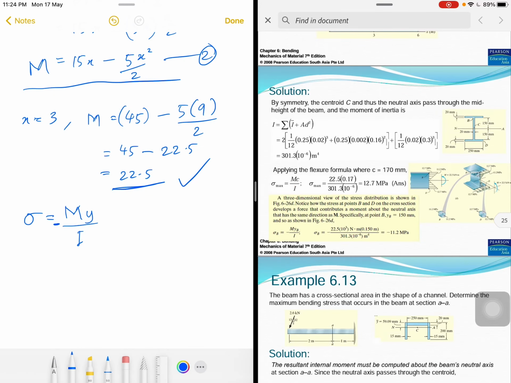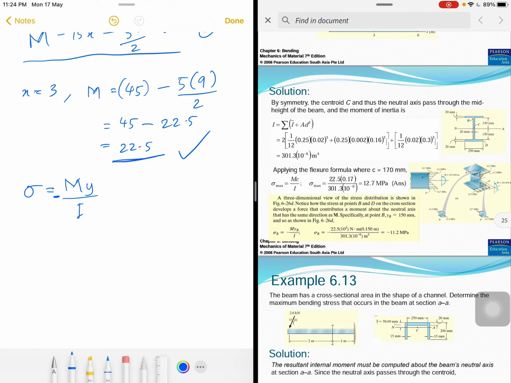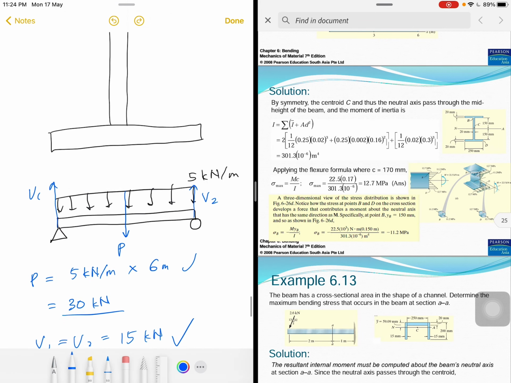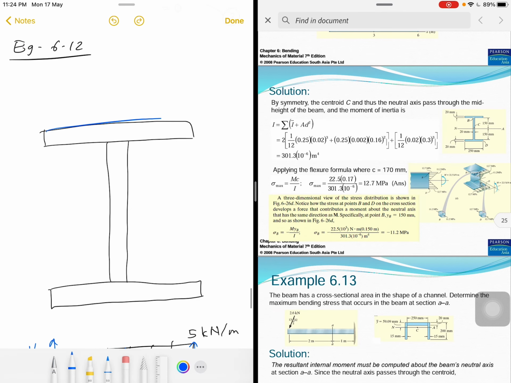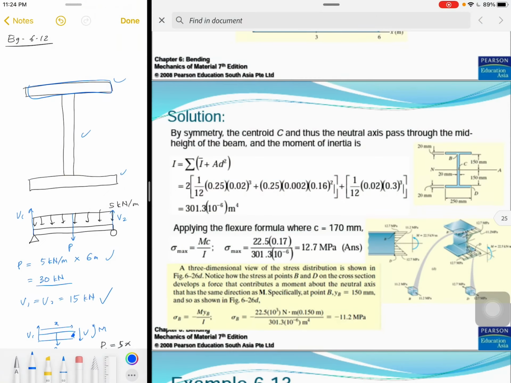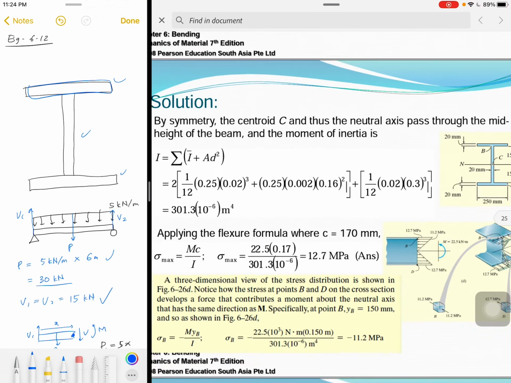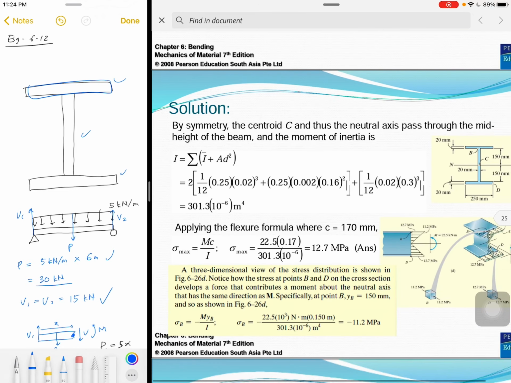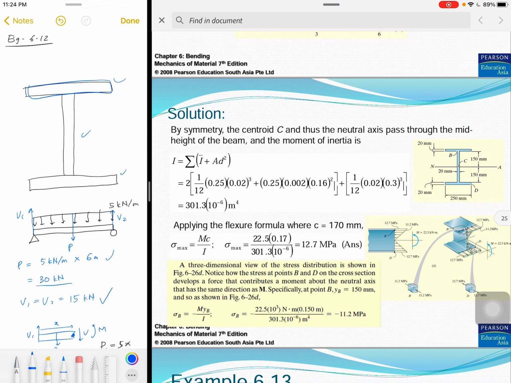So we need to find I. For I, like I said, we can separate the calculation of I into these three rectangles, and you can see right here how to get the value of I. So we have the formula right here.